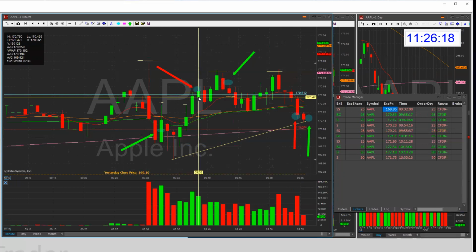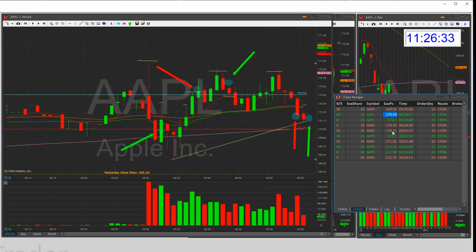Next candle comes up, opens down, dropped a little, and then eventually it popped through and looked really strong. It popped through, came down, and this is where I took it out. So, first loss: 65 cents, 25 shares.